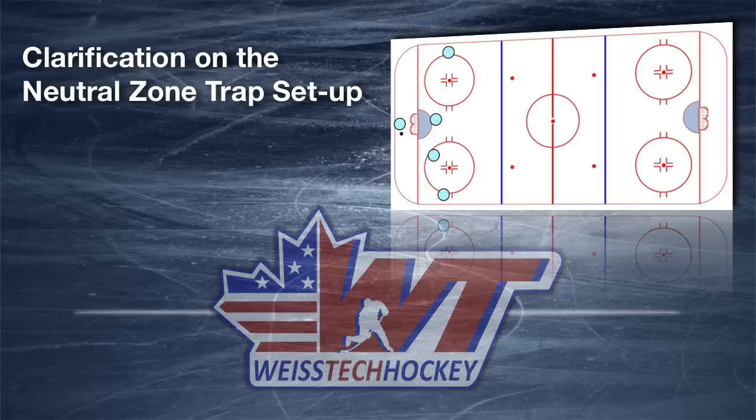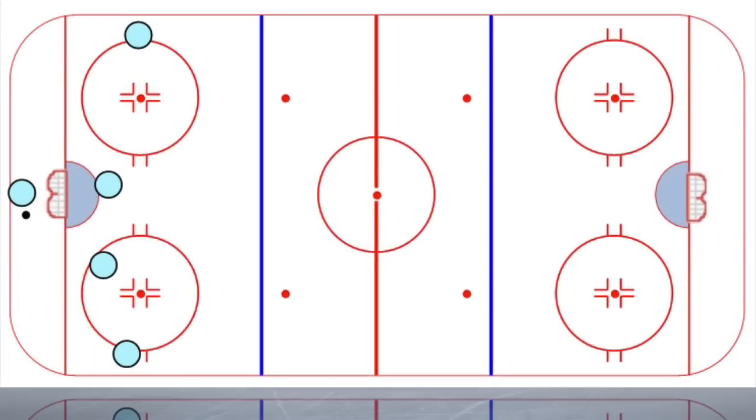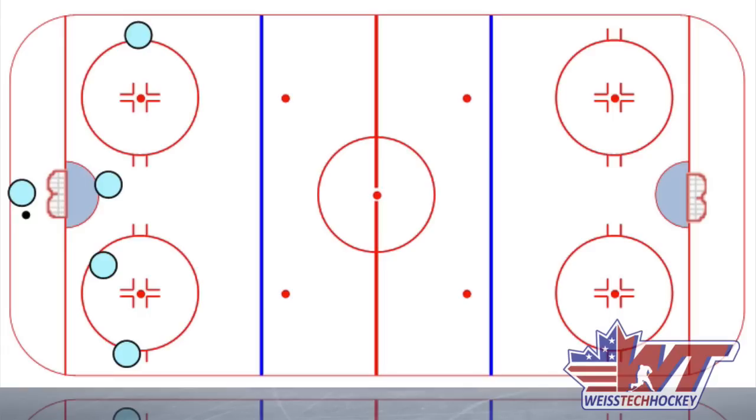So first and foremost, let me talk about the concept of the neutral zone trap. Basically, what the trap aims to do is, conceptually, you give up the wide breakout, the board side breakout, and take away the middle. Then, as the opposing team bites on that and moves the puck up the boards, you systematically eliminate their options until there's nowhere left to go with the puck.